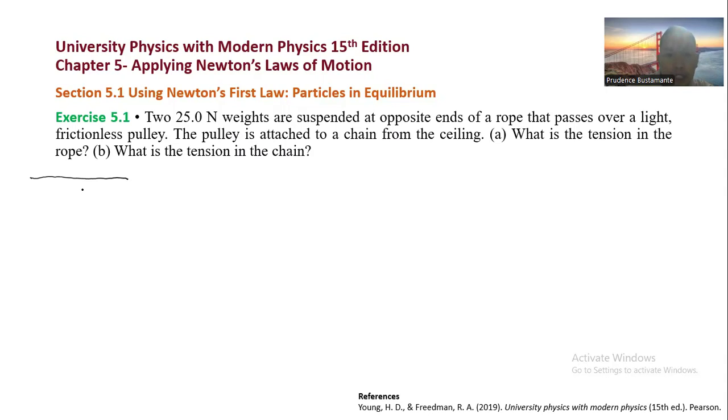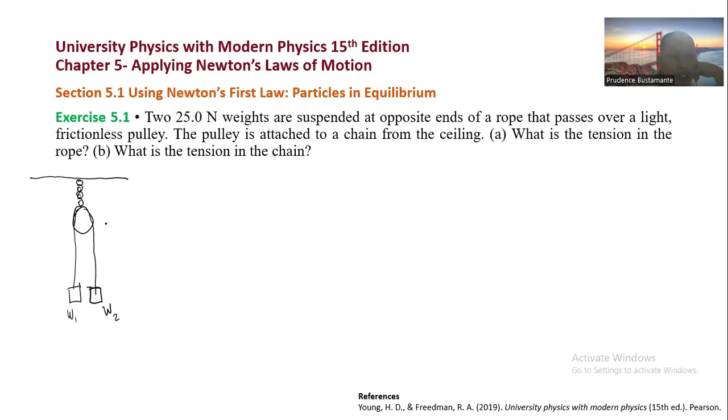The problem said that it has the pulley. You have a chain here, and we have a pulley here, and the two weights are suspended on opposite sides using a rope. We have here weight one, and on the other side, weight two.